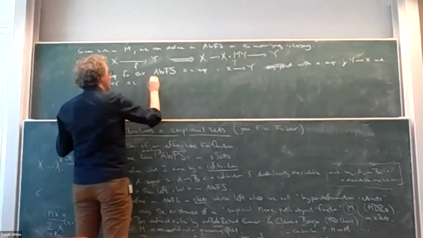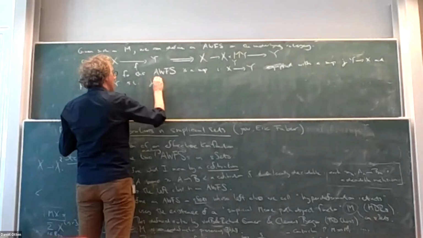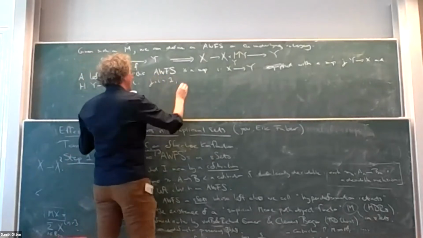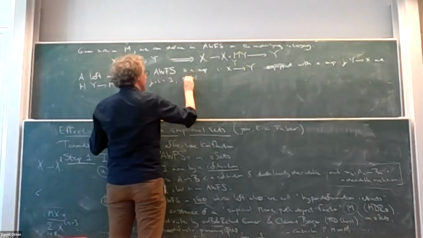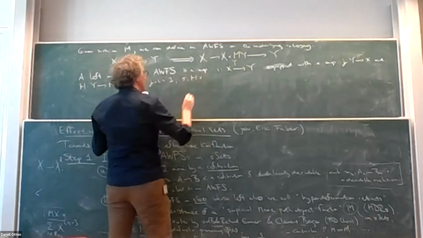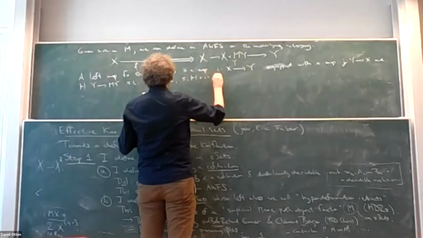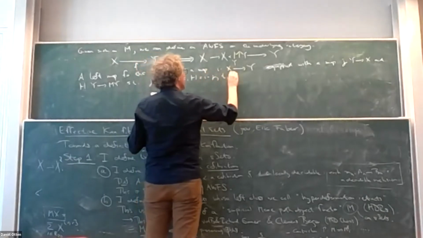So one composition is the identity, and the homotopy witnesses that the other composition is homotopic.